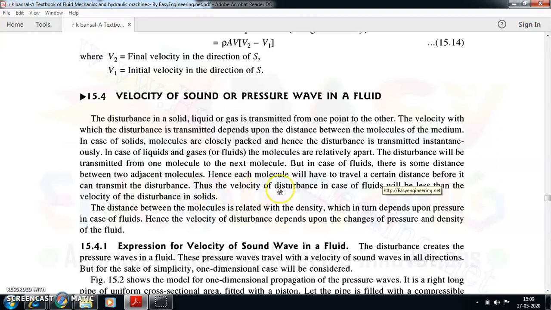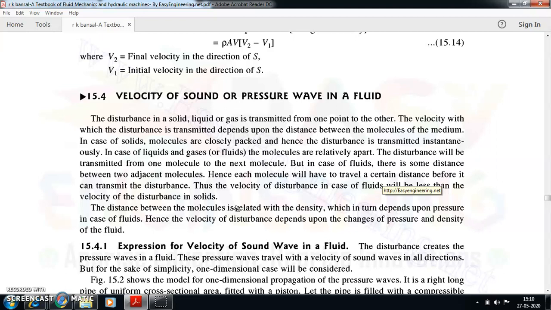Thus, the velocity of the disturbance in a fluid will be a little less compared to the velocity of the disturbance movement in a solid. So in a fluid the disturbance is going to move slowly compared to solids.